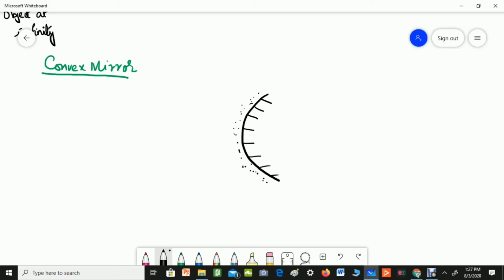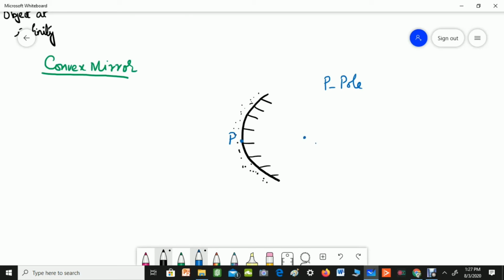Now P is the center of the mirror, and that is the pole. P is the pole of the mirror, and in the case of a convex mirror, the center of curvature is actually on the back side of the mirror.